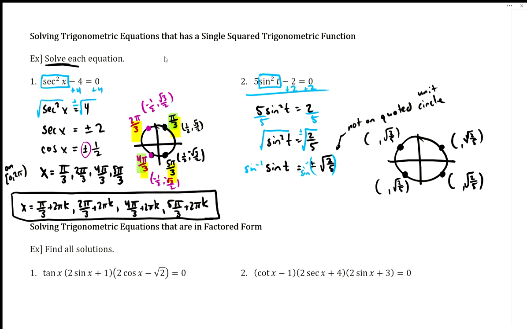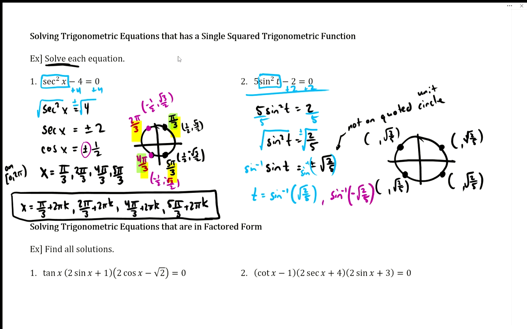Now, when we do the sine inverse of both sides, we should probably separate the plus and minus. So we would have t is equal to sine inverse of the positive radical 2 over 5, and let's do it in purple, the sine inverse of negative radical 2 over 5.